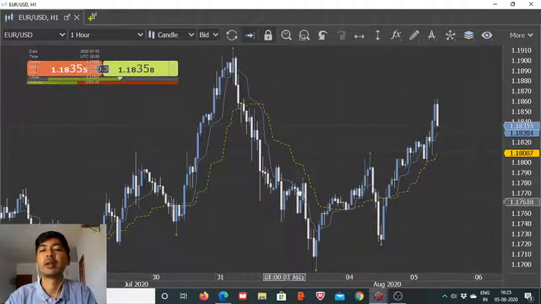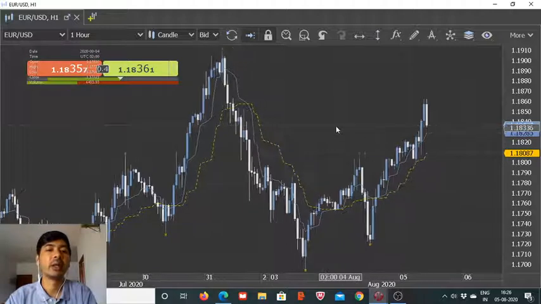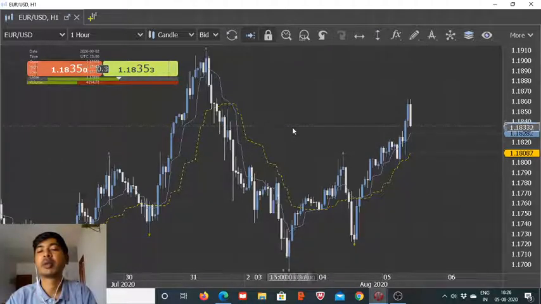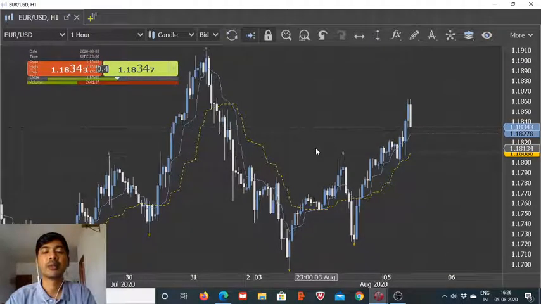We can simply use these crossovers as the trend signals, change of trend, possible reversal, and the entry point. Otherwise we can also use this combination to act as a support or resistance, and that way also it is going to be helpful. Or else we can simply use this indicator to gauge the momentum of the underlying instrument.